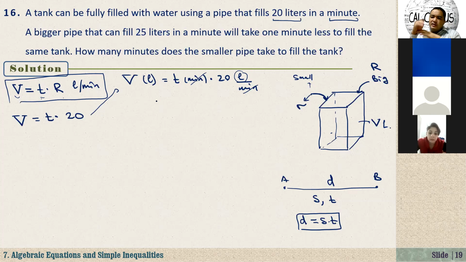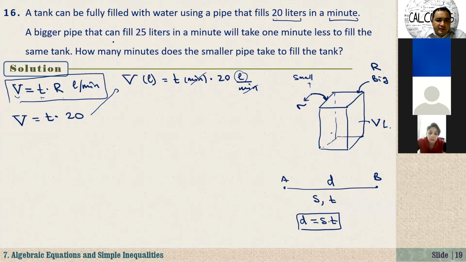Again, you can just imagine that the volume of the container is 100 liters, right? If you are filling this container or tank with some kind of pipe that fills 20 liters per minute, how long does it take? After 5 minutes the tank will be full, because every minute 20 liters of water is pouring from that pipe.